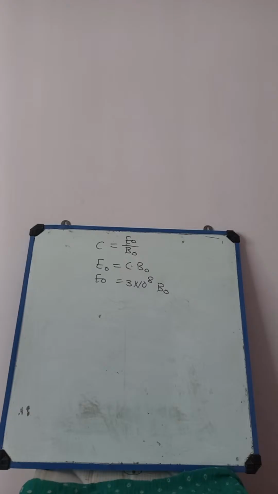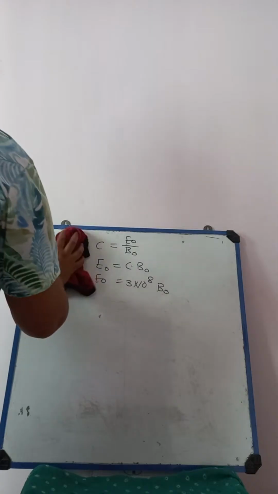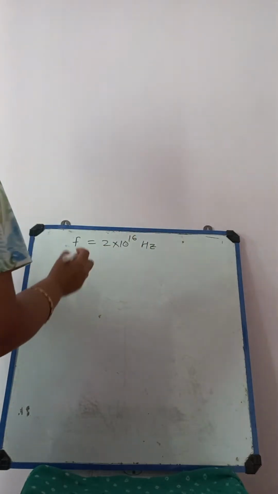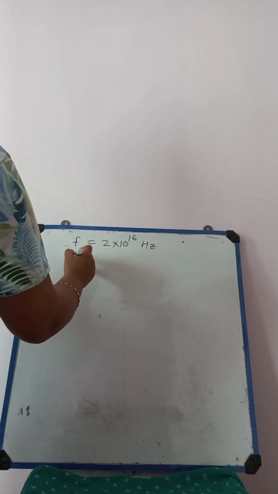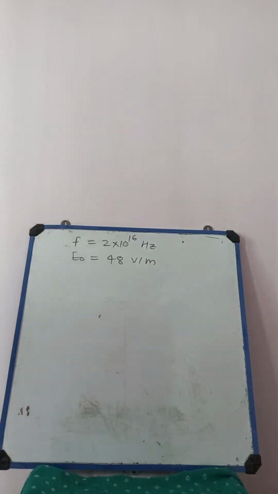Okay, write down the next question. In a plane electromagnetic wave, the electric field oscillates sinusoidally with a frequency of 2 into 10 raised to 16 hertz, and the amplitude of the electric field is 48 volt per meter.